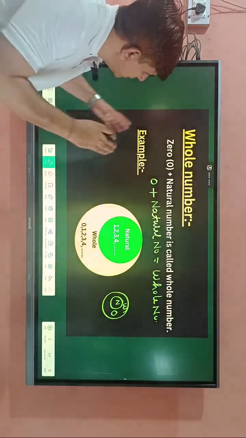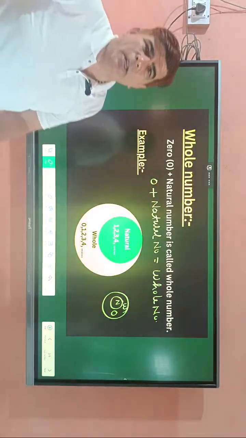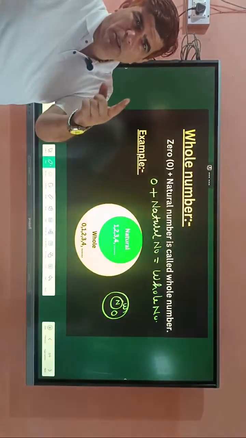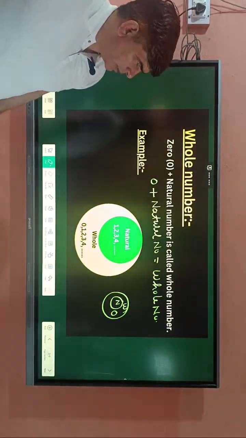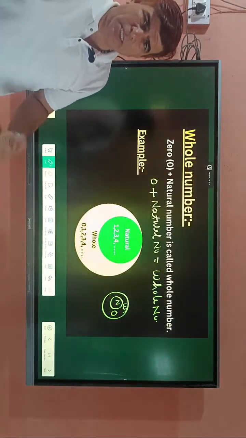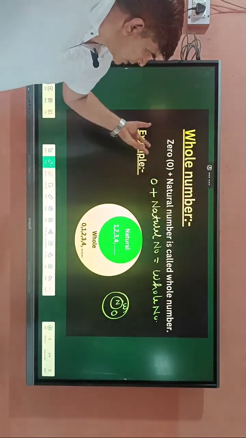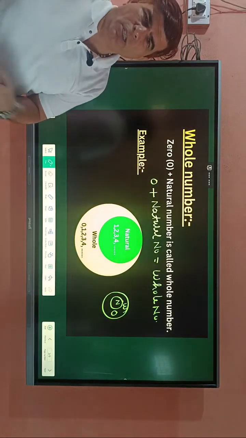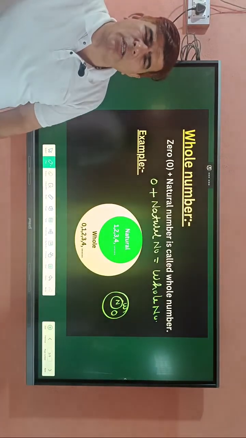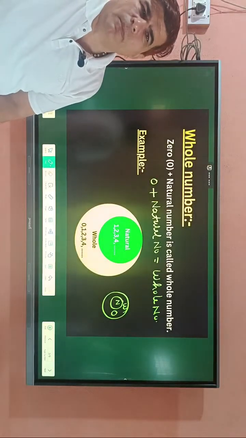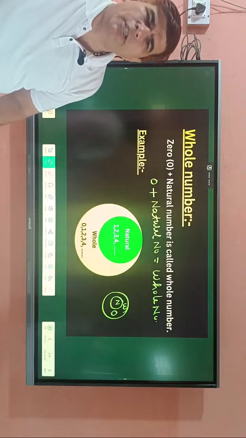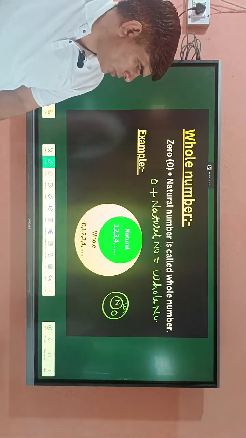Understood? If anybody asks how many more numbers a whole number contains than a natural number, your answer is 0, one more, which is 0. Again, to understand in your own form, what are whole numbers? The real numbers which are complete, not in the form of a decimal, not in the form of a fraction, not negative, positive, and 0 are known as whole numbers.